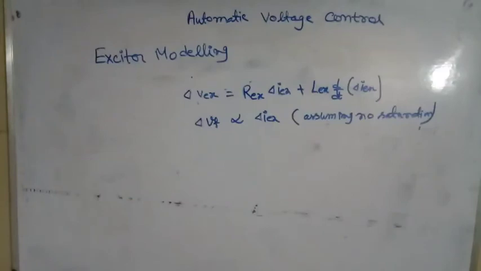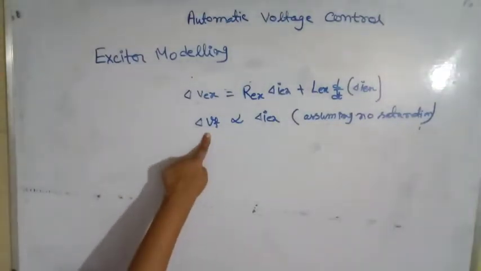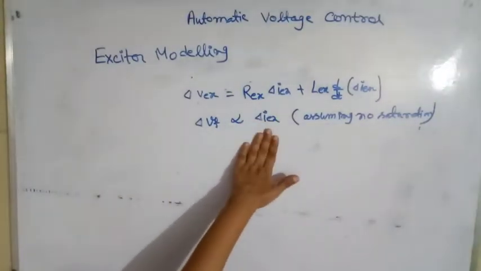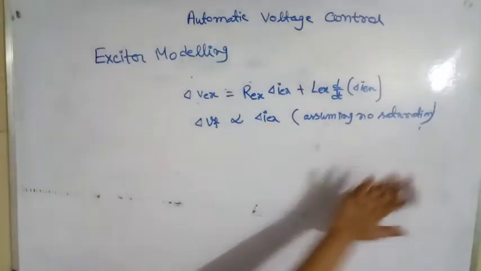Now Vf is the excitation voltage of the alternator, which is proportional to the exciter current if we assume no saturation.